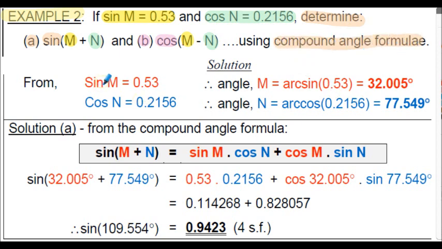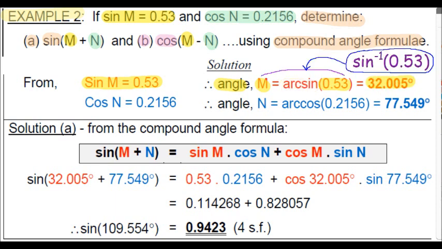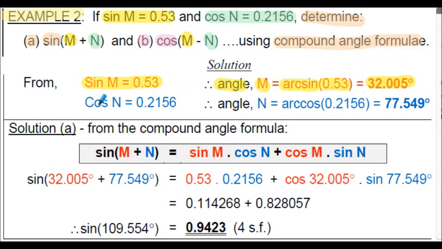From the question, we know the sine of angle M is equal to 0.53, so to find angle M, we use the arcsine function: arcsine of 0.53, the angle M is 32.005 degrees. Just note for reference that arcsine is the same as sine to the negative 1, the inverse sine function. Also in the question we're given the cos of angle N, 0.2156, so the angle N is the inverse cos, arccos of 0.2156, so that's 77.549 degrees.